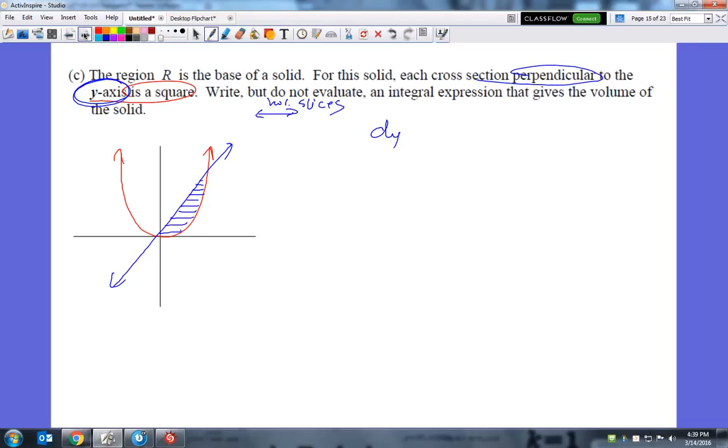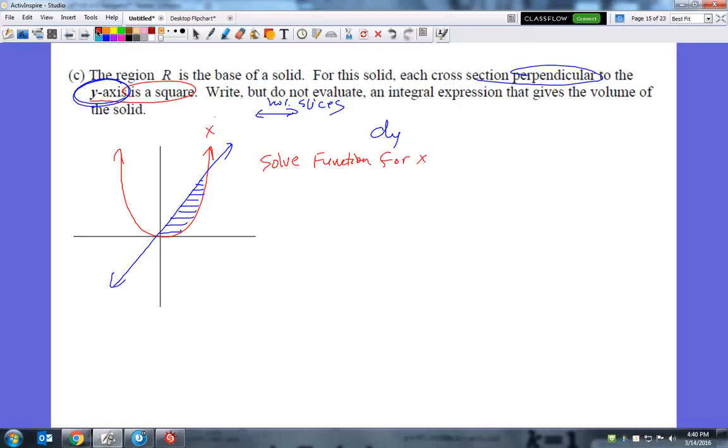Okay? But either one on this example would obviously work, both vertical and horizontal, because one's always on top of the other depending upon what orientation I'm looking at. All right. So dy, I need to solve my functions for x, because I'm trying to get x in terms of y.